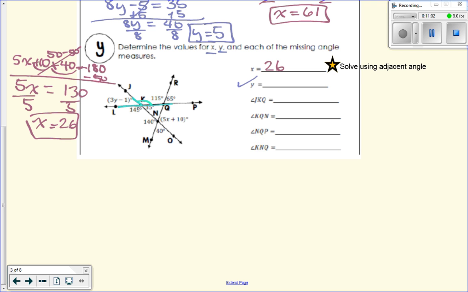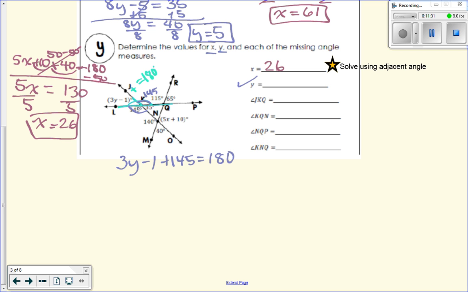So this angle and that angle add up and equal, straight angle equals 180 degrees. Good. So let's set that equation up. 3y minus 1. What's the measure of this angle? 145 because of its vertical angle. That's how we know that. Okay?